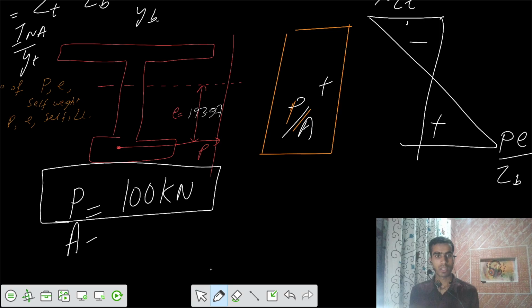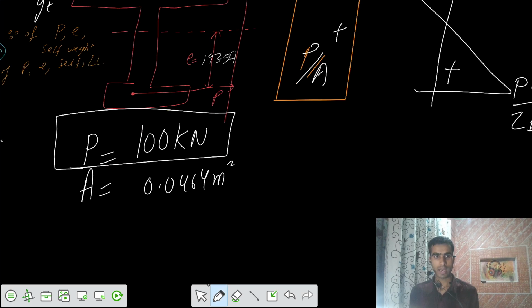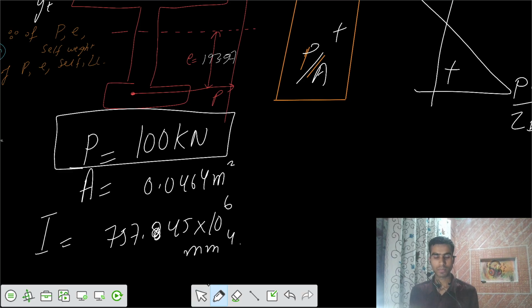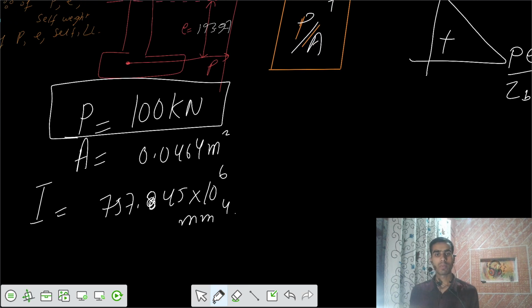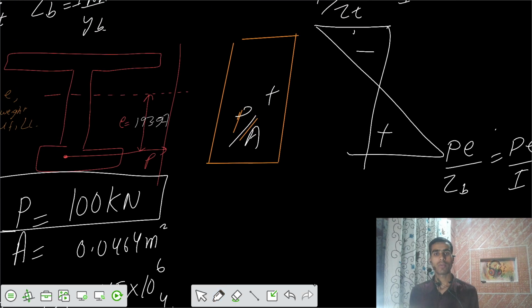Area of the cross section is equal to 0.0464 meters square. And I got the I neutral axis as 757.45 into 10 to the power 6 millimeter power 4. And your Y top is also given to you, Y bottom is also given to you. Let's go for the calculations.